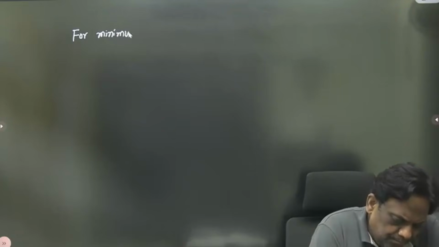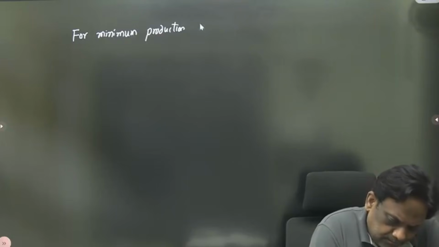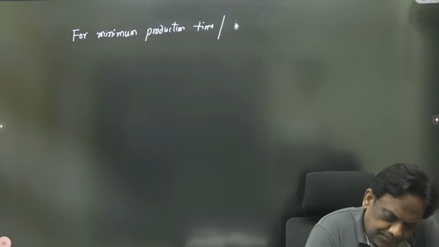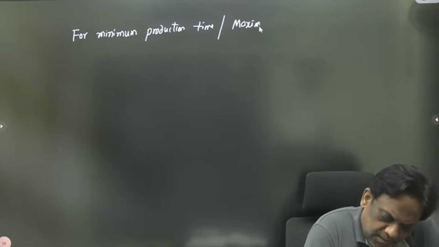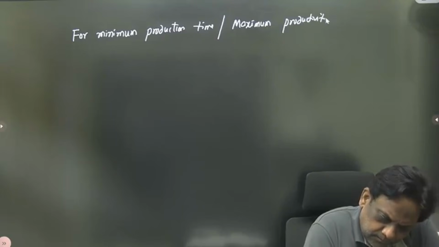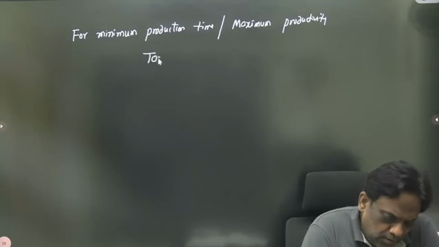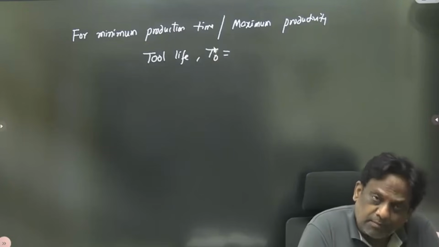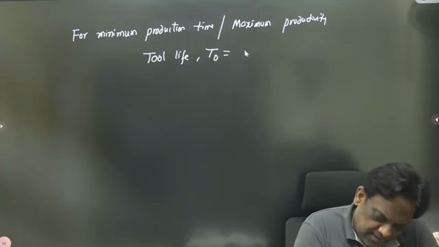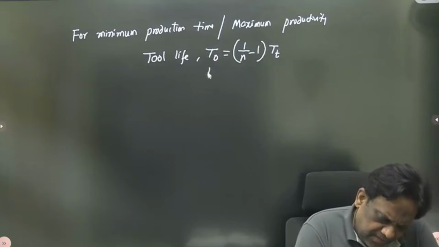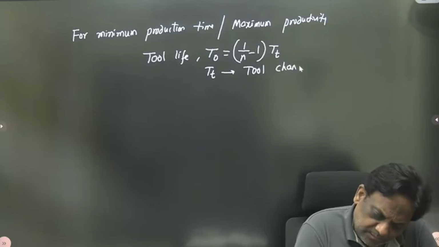For minimum production time or maximum productivity, tool life T naught, this is the optimum tool life, is 1/(n-1) into tt, where tt is tool changing time.